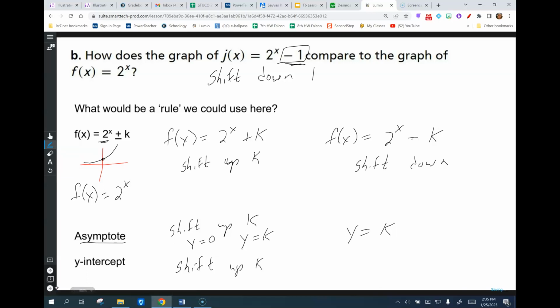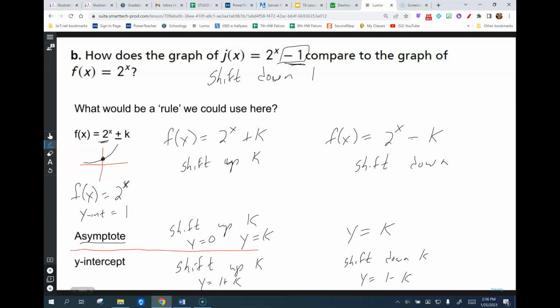Well, my y-intercept for this one is going to be equal to 1, because whenever I plug 0 in for x, I'm going to get that my y-intercept is 1. So my y-intercept is also going to shift up k. If my y-intercept is usually 1, this is going to be 1 plus whatever k is. Same thing here, so it's going to shift down k, so it's going to be 1 minus k, and that's going to be your new y-intercept.